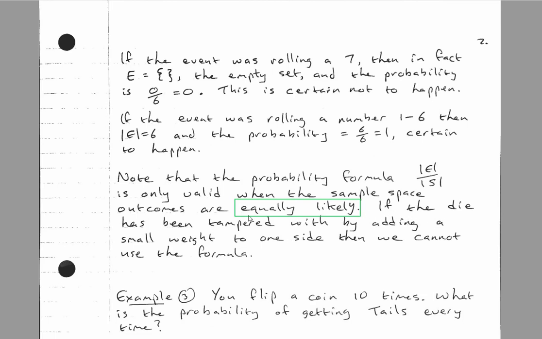For example, if our die had been tampered with, say by adding a small weight to one of the sides, that would mean that different numbers are not equally likely. So we can't use the formula in that case, if the die is not a fair die.